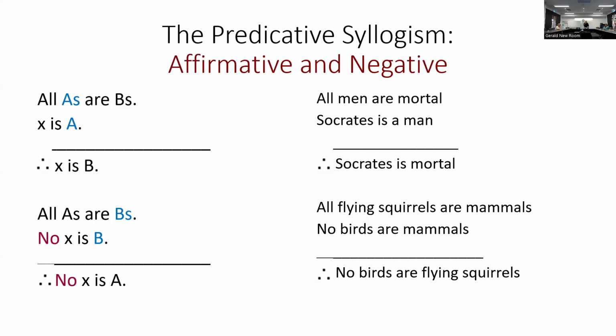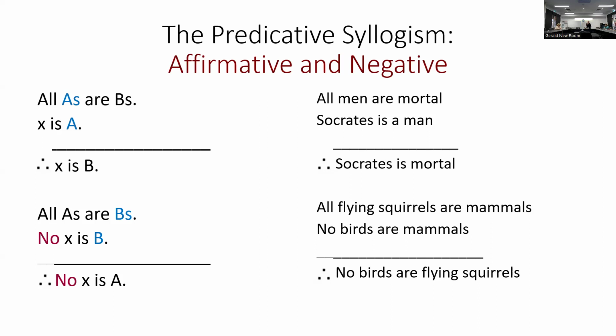The only way is if it's not B, because all A's are B's, it cannot be A. So just remember the form. Affirmative: all A's are B's, X is A, therefore X is B. Negative: all A's are B's, no X is B, therefore it cannot be A. That's all you need to remember.